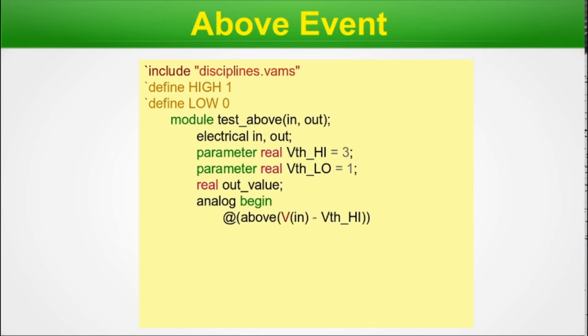Here we write the above statement, and inside the above statement is V in minus VTH high. So this value has to be compared with 0, and whenever this crosses, this condition will be evaluated, and once this is true, we assign out value with backtick high.